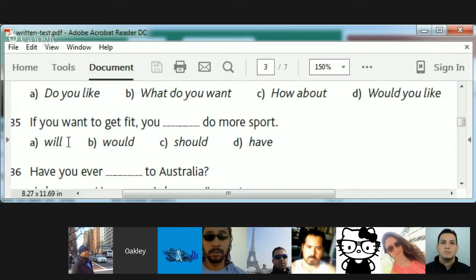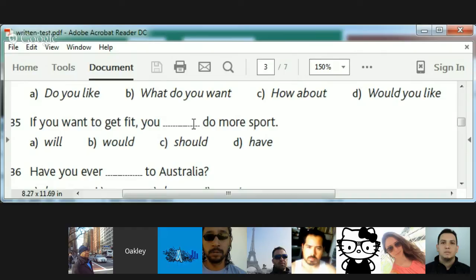But zero conditional is 100% perfect. So you do, I do more, but not 100%. Well, then what is it? That's the only thing it can be, though. If I want to get fit, I do more sport. Right. If I want to get fit, I will do more sport.